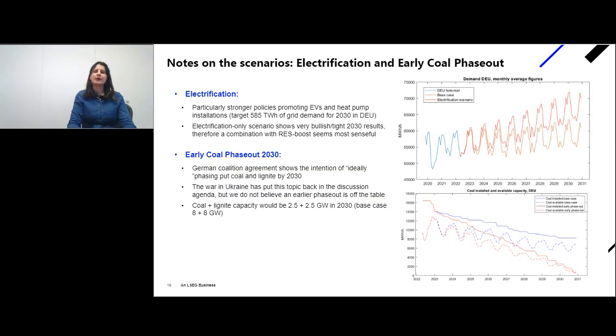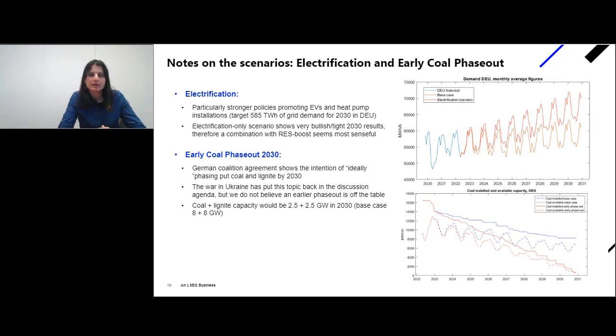Good. Okay, so now we get to our alternative scenarios. First of all, electrification. For electrification, we have our base case, which is at the moment still a bit more conservative.